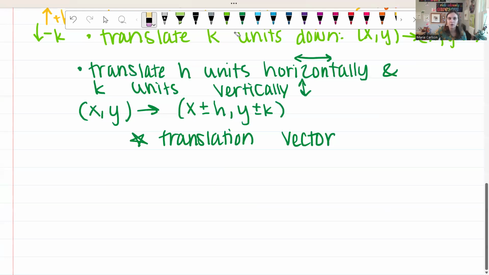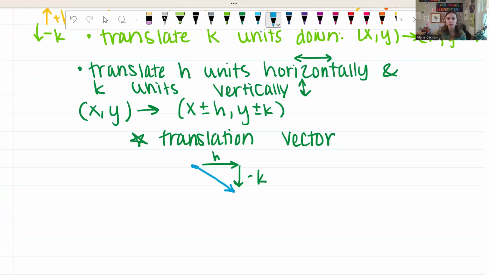So let's start with, if you go to maybe the right h units, and then you go down k, the translation vector that would represent this would be just the diagonal line that essentially has the slope negative k over h, right?